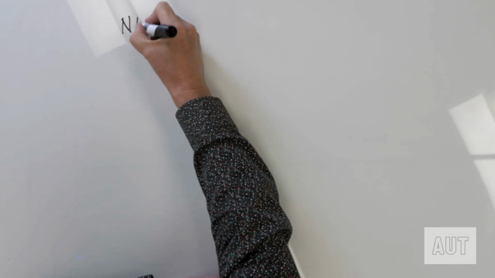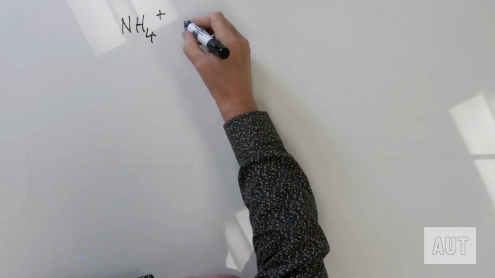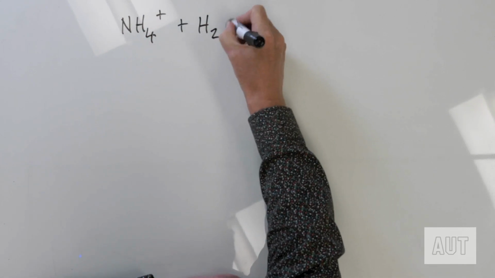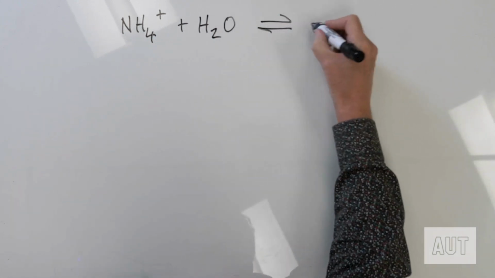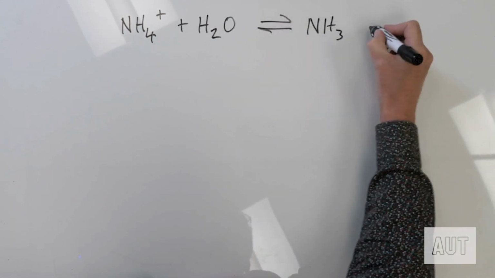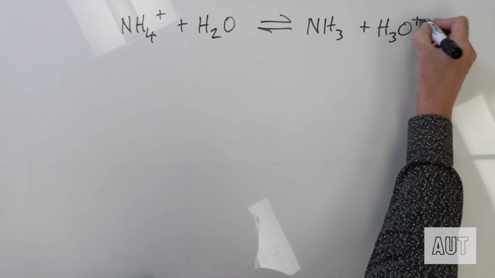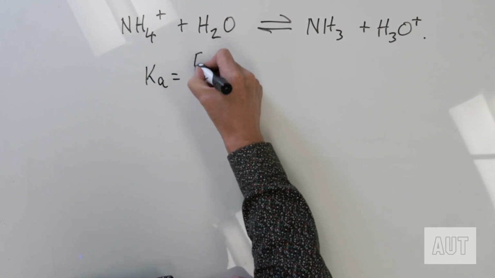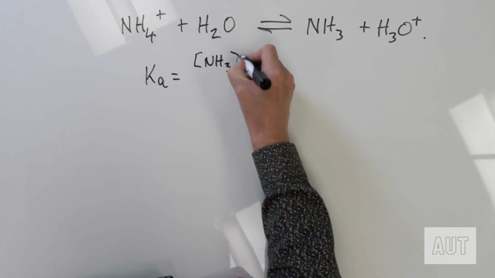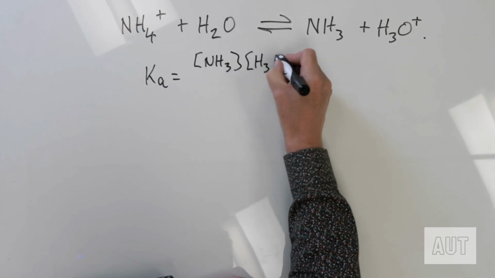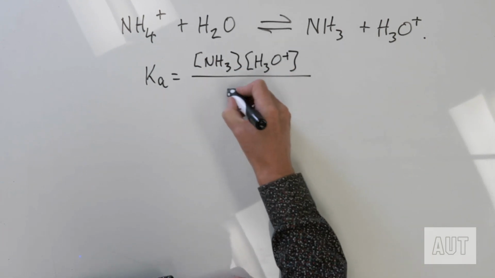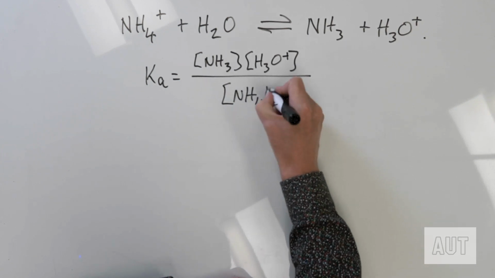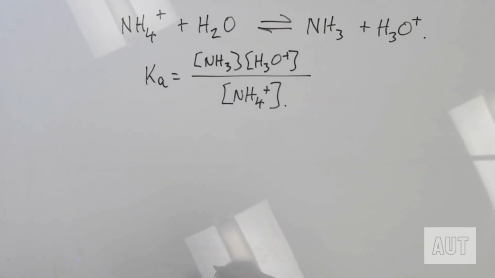So, as we said, if we're titrating ammonia with HCl, at the equivalence point, we have got a solution of ammonium ion, and that can react with water to give us NH3 plus H3O+, okay? And we can write a Ka expression for that. It's going to be NH3 multiplied by H3O+ concentration over NH4+ concentration, okay?